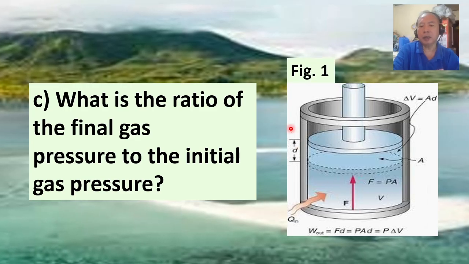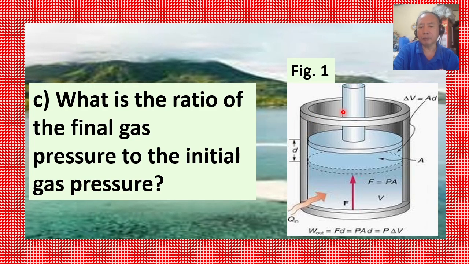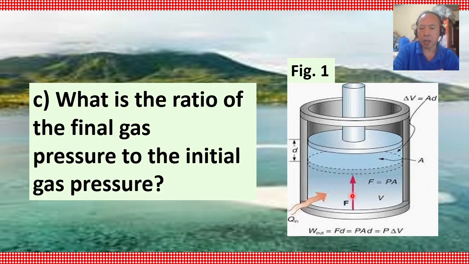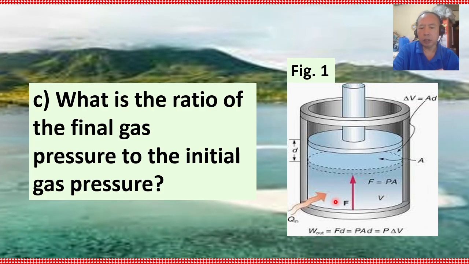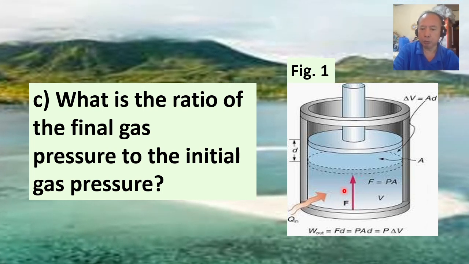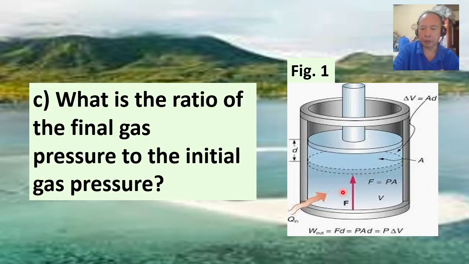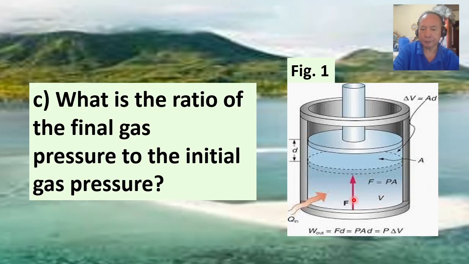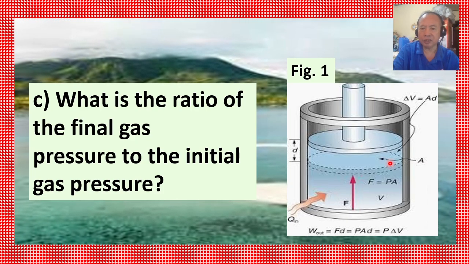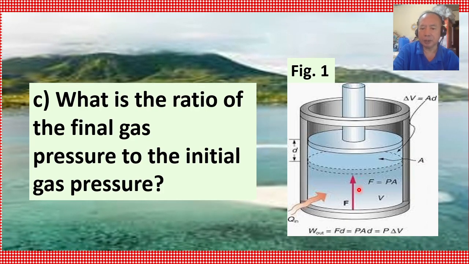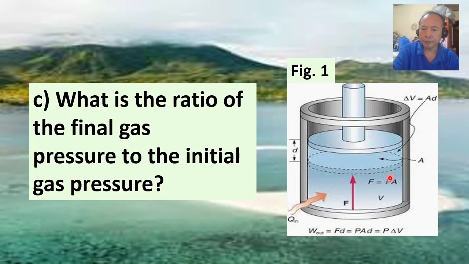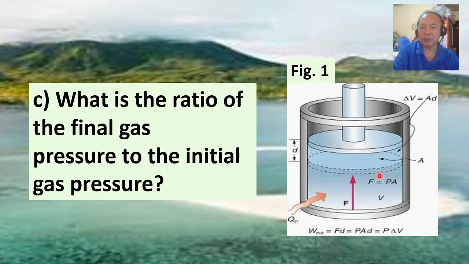We have here a schematic diagram in figure 1 showing how the gas is able to do work on its surrounding. So it is contained in a cylindrical container with a movable piston.